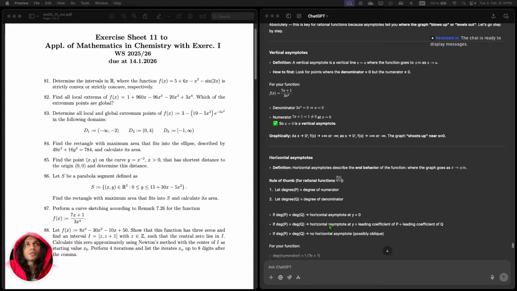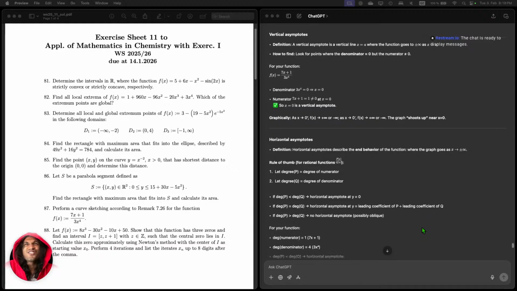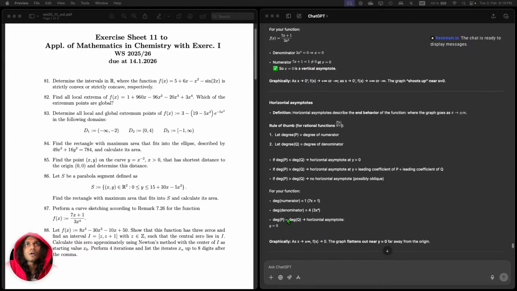If they're equal, the horizontal asymptote equals the leading coefficient of p over the leading coefficient of q. For your function, 1, okay, 4. So 4 is greater, yeah. So y equals 0.